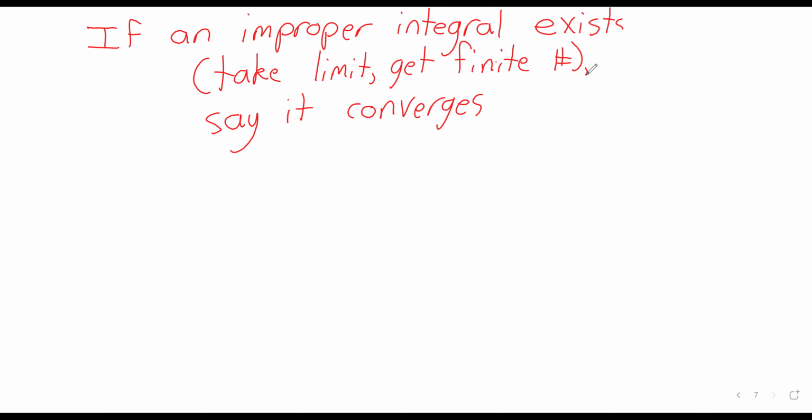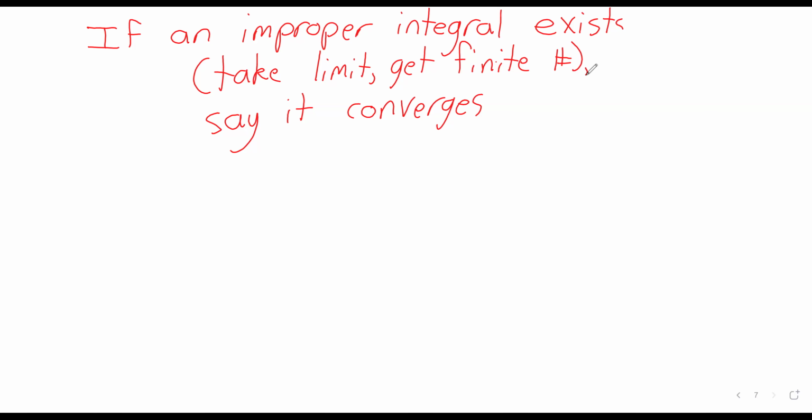I mean, we're asking whether an area is finite or infinite. The word converges doesn't really seem germane here, but we're borrowing this word from the limit. We talked about a limit converging or diverging. An improper integral is defined in terms of a limit. So we talk about an improper integral converging or diverging.